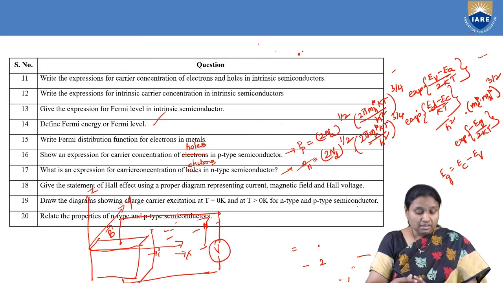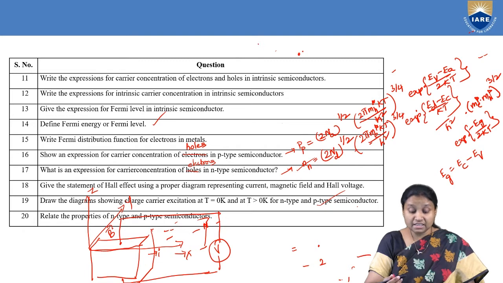Then next, draw the diagram showing charge carrier concentration or charge carrier excitation at T equal to 0 kelvins and at T greater than 0 kelvins for N-type and P-type semiconductors.